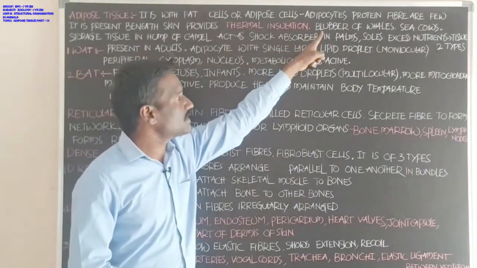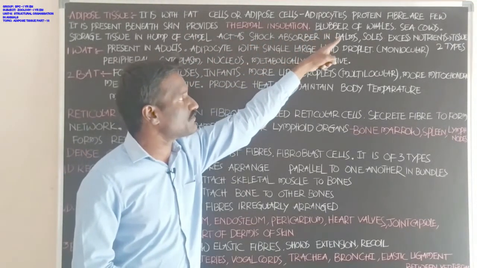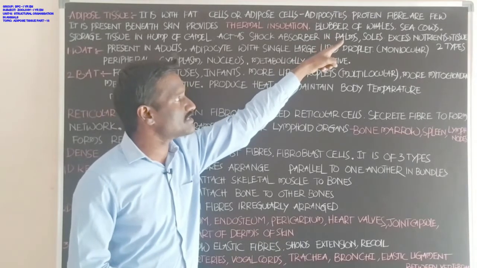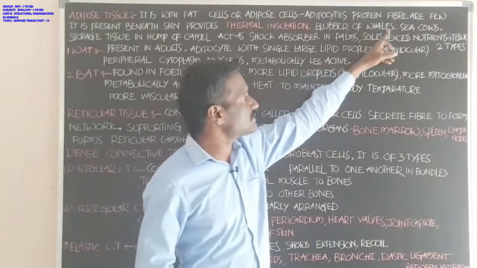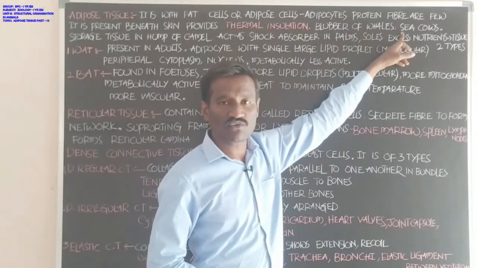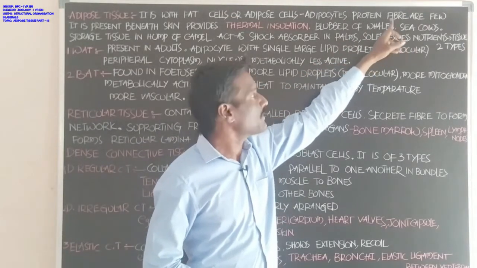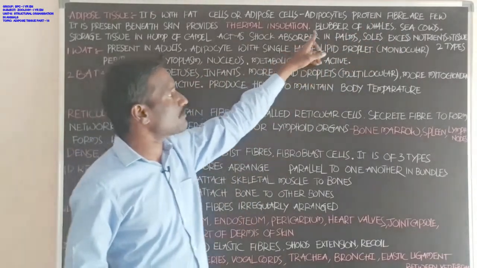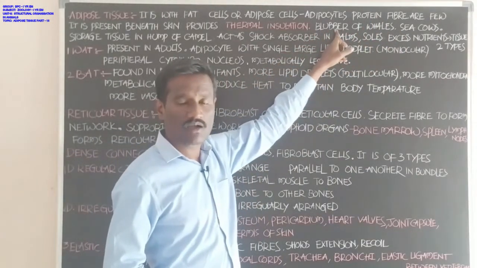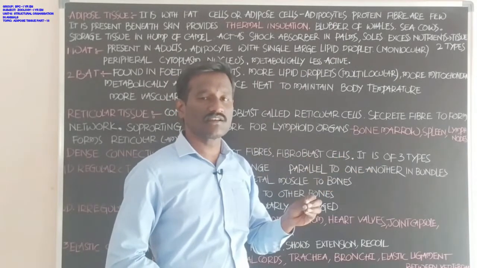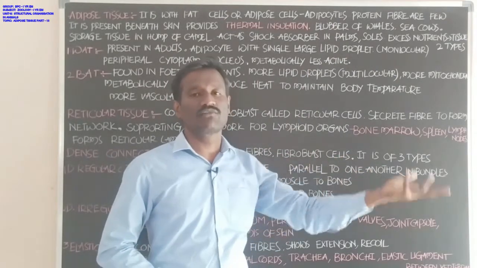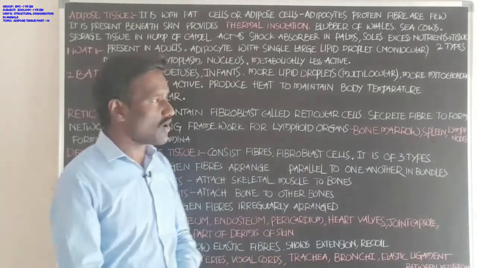It also forms the blubber of whales and sea cows. Student, whales and sea cows are aquatic mammals. The adipose tissue forms the blubber beneath the skin and also prevents the loss of temperature from the body.